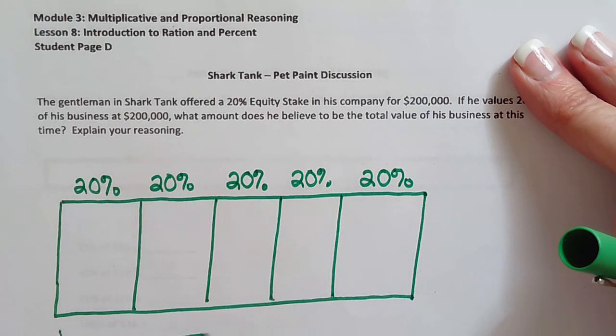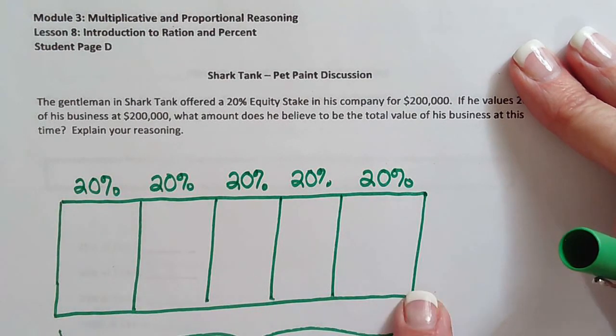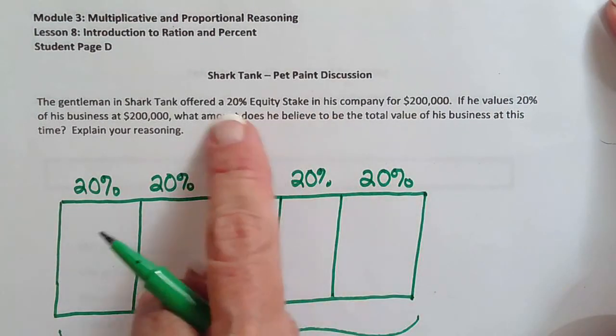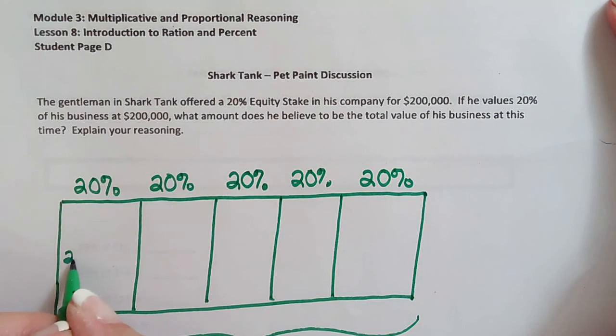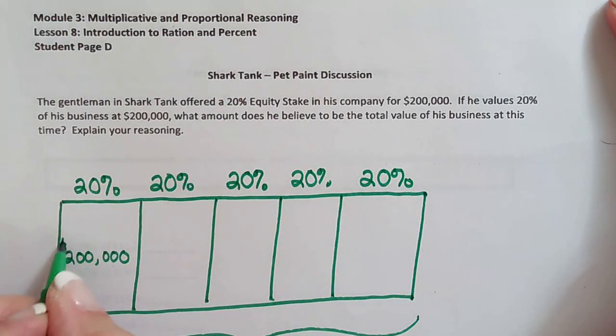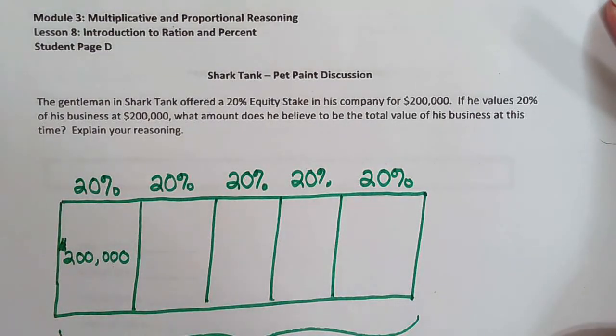Do you agree this is what his whole company is worth? Because his whole company is 100%. But he proposes on Shark Tank that 20% is worth $200,000. Now you could all easily do this problem.